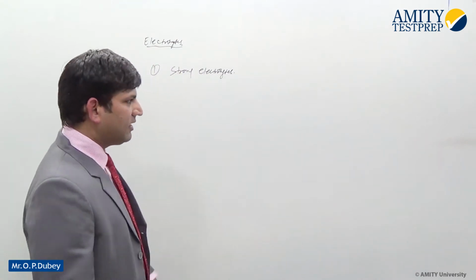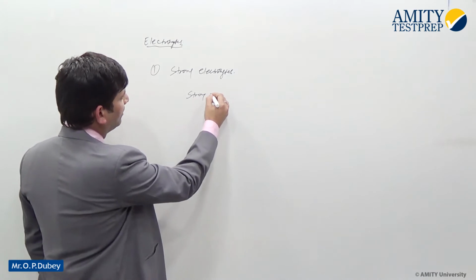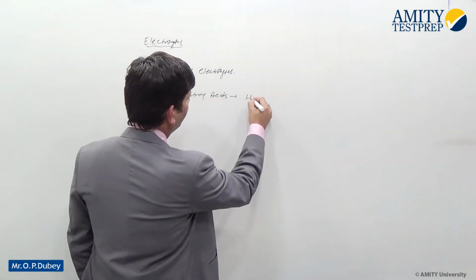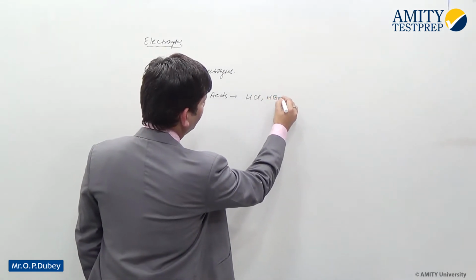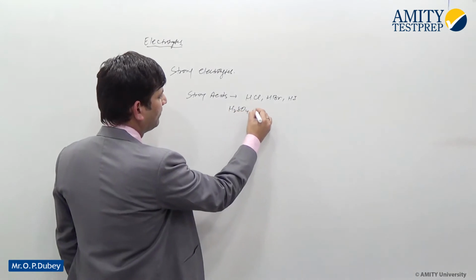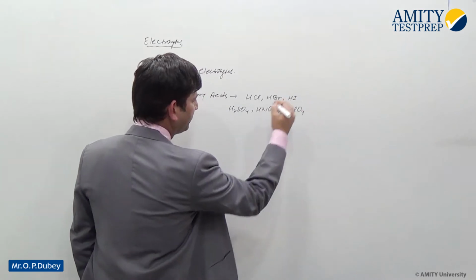Examples of strong electrolytes are the strong acids, like HCl, HBr, HI, H2SO4 sulfuric acid, HNO3, HClO4, and many of them.